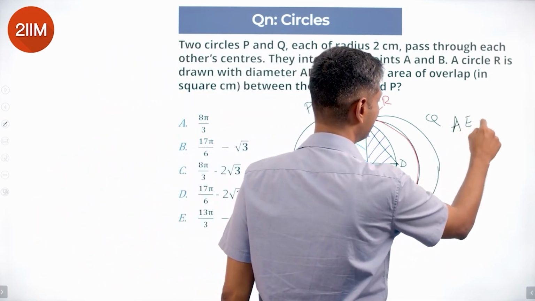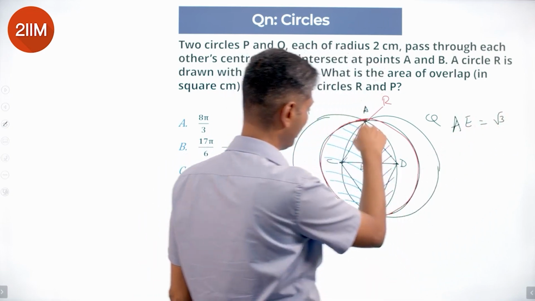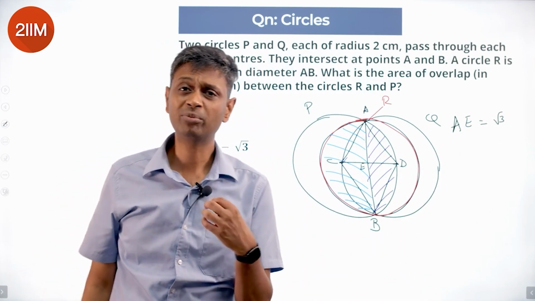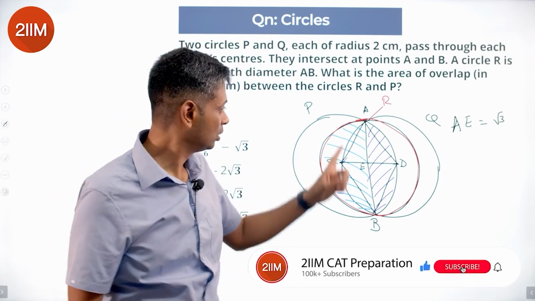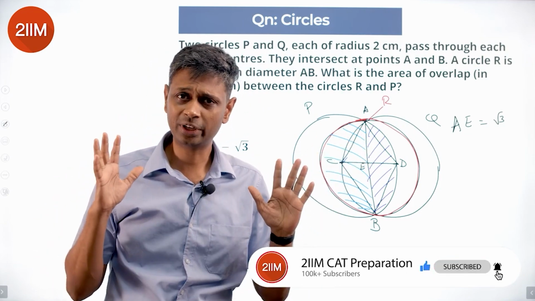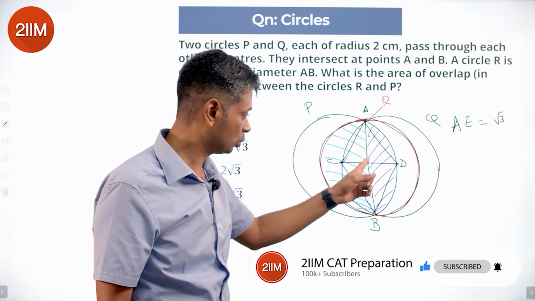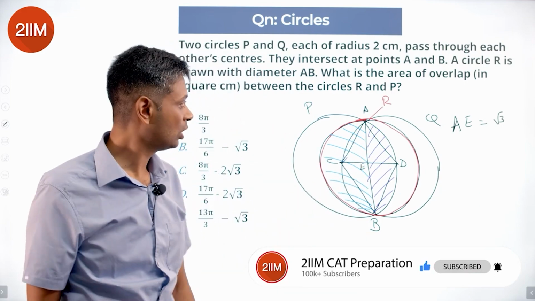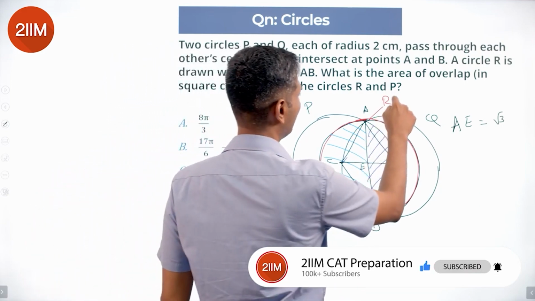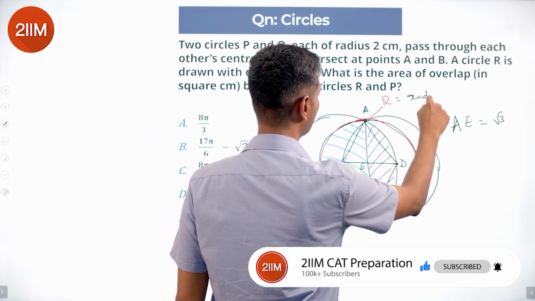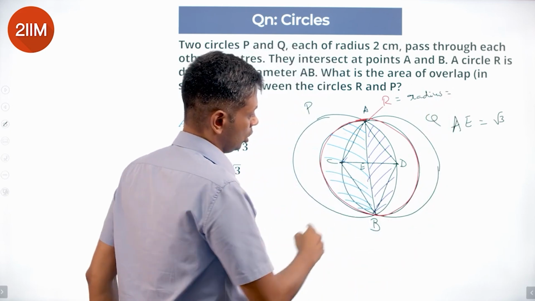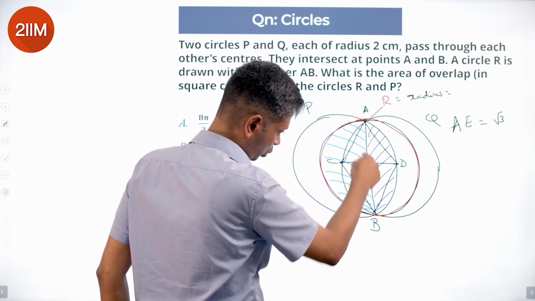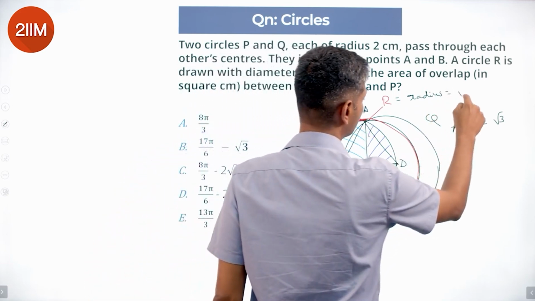AE is equal to root 3. Why root 3? Root 3 by 2 times side is the altitude. ACD is an equilateral triangle: 2, 2, 2. Why? Equal radius. Root 3, this is also root 3. So R has a radius equal to root 3; this 2 root 3 is the diameter, radius is root 3.